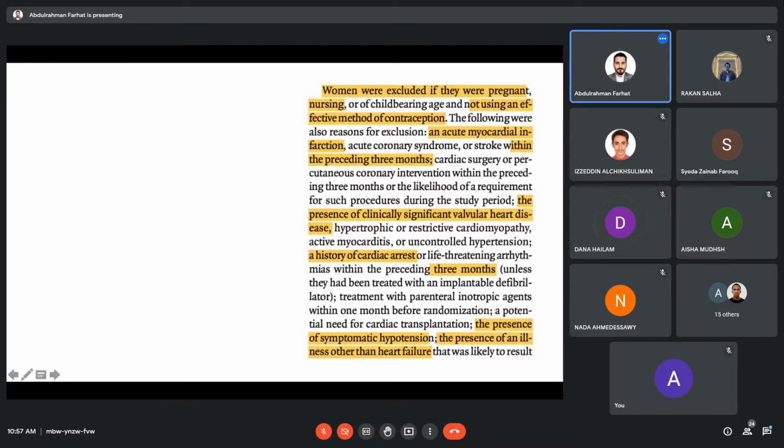And these are the exclusions, so please read them for us out loud again. Women are excluded if they were pregnant, nursing, or of childbearing age and not using an effective method of contraception.